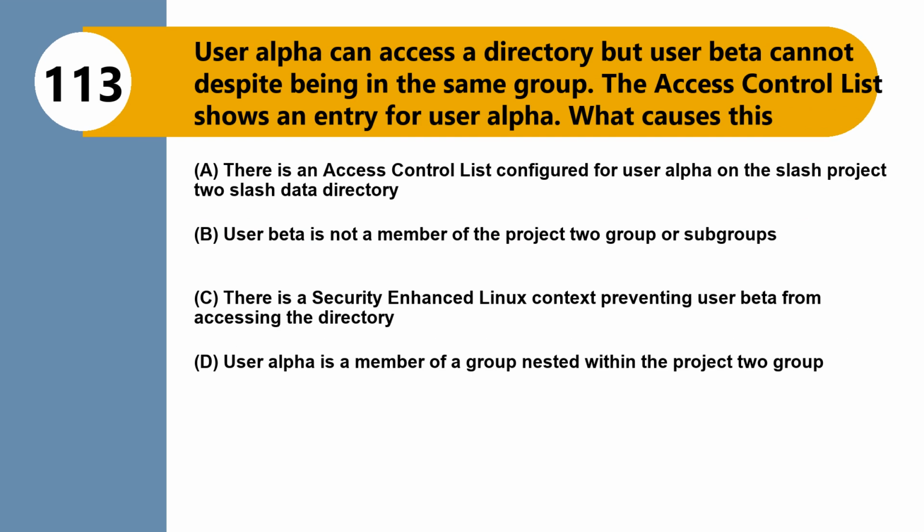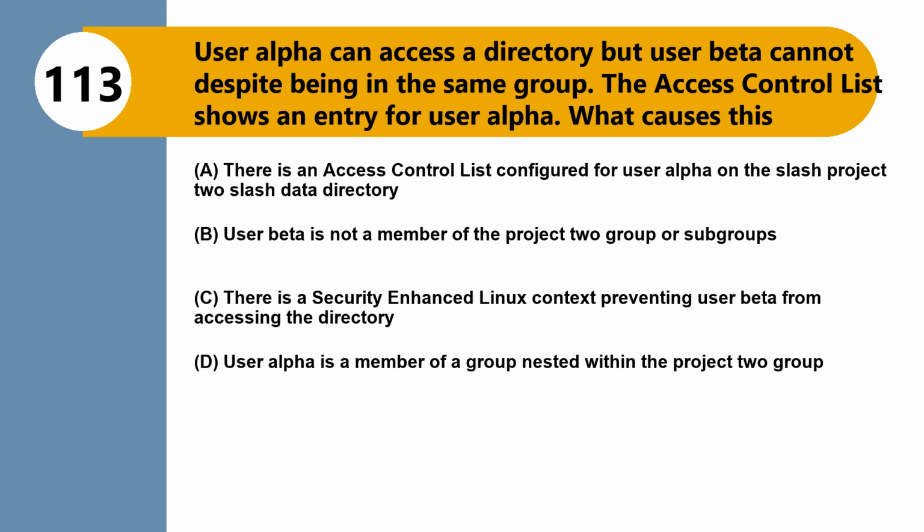Question 113. User alpha can access a directory but user beta cannot despite being in the same group. The access control list shows an entry for user alpha. What causes this? Option A, there is an access control list configured for user alpha on the /project2/data directory. Option B, user beta is not a member of the project2 group or subgroups.